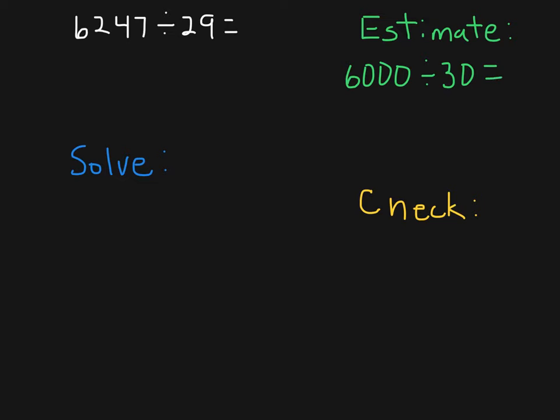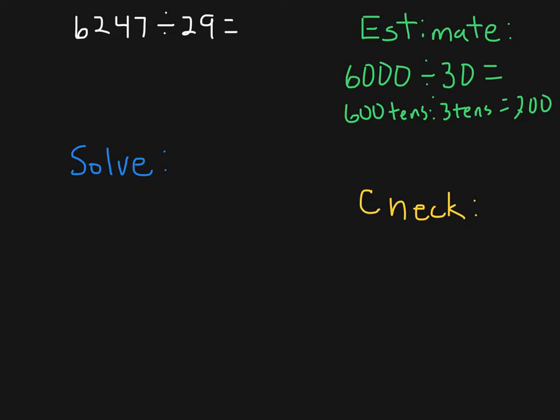I can think of this as 3 tens, and of course 6,000 is the same as 600 tens. And 600 divided by 3 is going to be 200. So my estimate will be about 200.